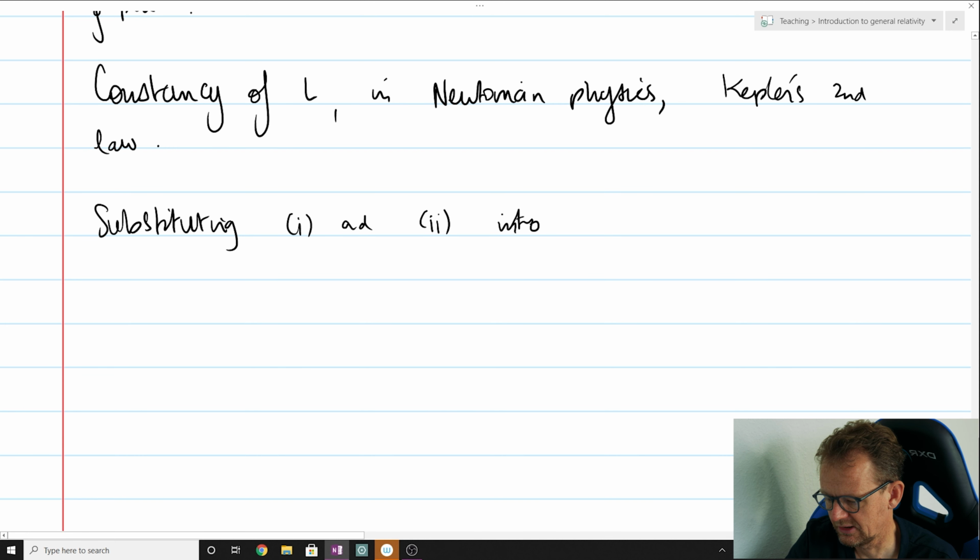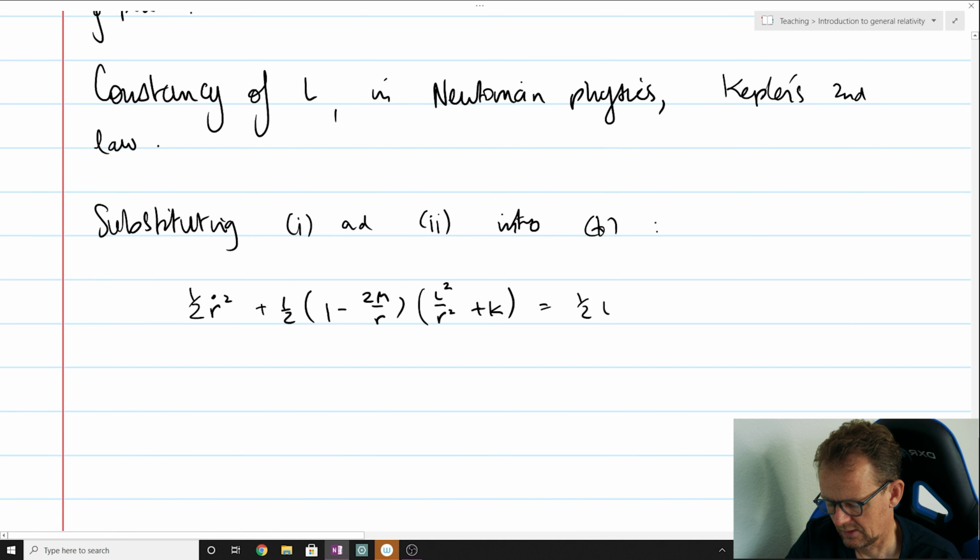So just by simply substituting 1 and 2 into star, we get a very useful equation that will almost give us the solution already. And you'll see what I mean by almost in a second.